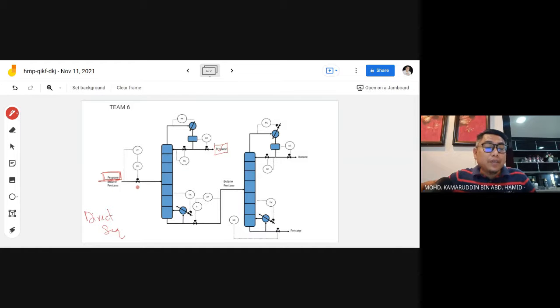Okay? Alright, now let's look at the process control design of team number 6. Alright, you flow control the feed flow rate, okay? Nice. Then we look at the bottom. Okay, temperature here, this is right. Alright. This is my question. Any members of team number 6, why do you need to flow control your bottom flow here?